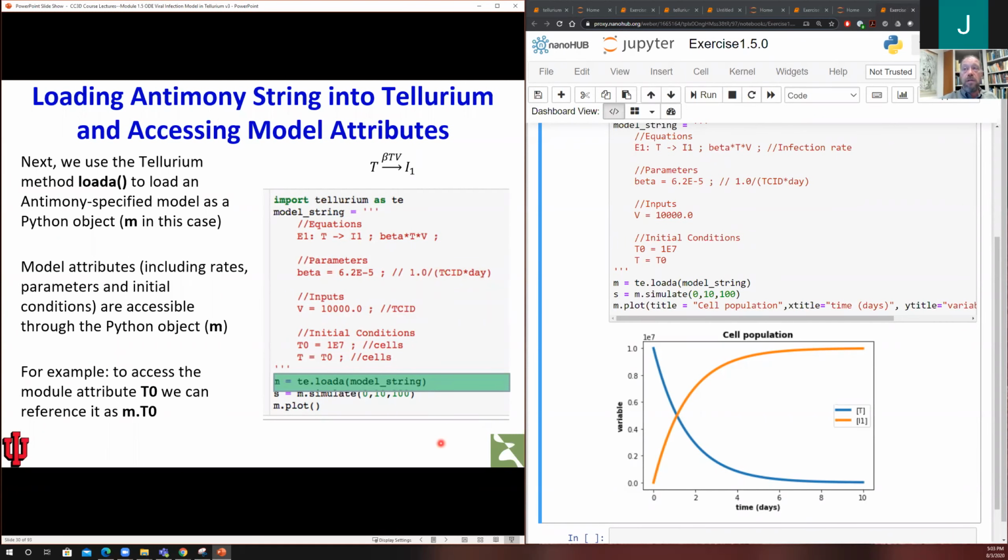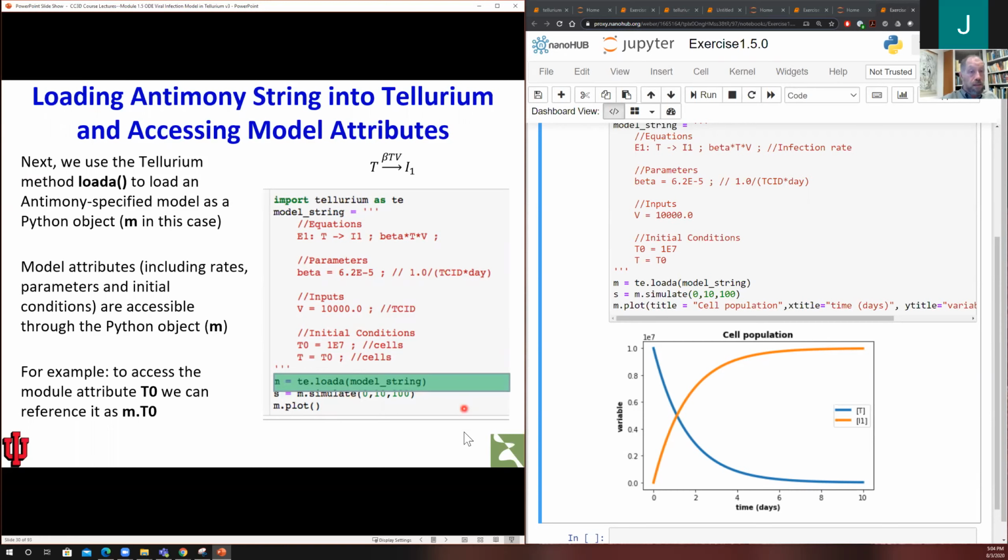As I mentioned, there are essentially minimal 3 things you have to do. And now we're in Python. In Python, to run an Antimony model, we have to load the model, and that uses the te.loada command. So we say m, going to be a handle for the model, equals te.loada, parenthesis, model string.